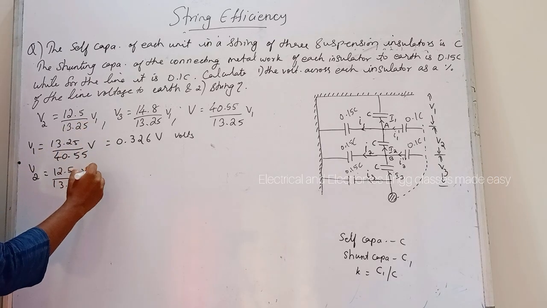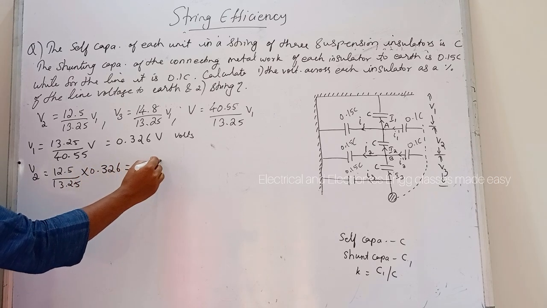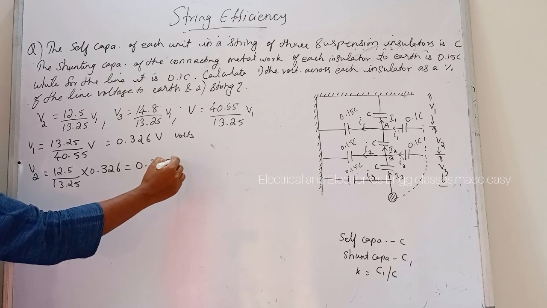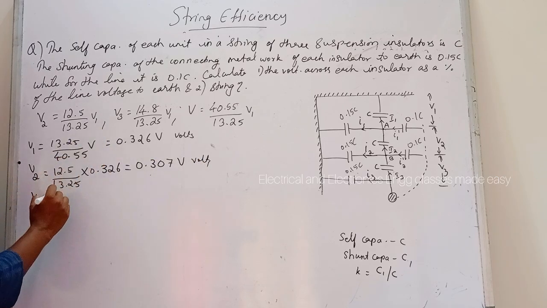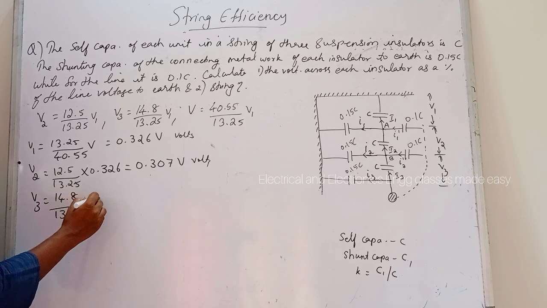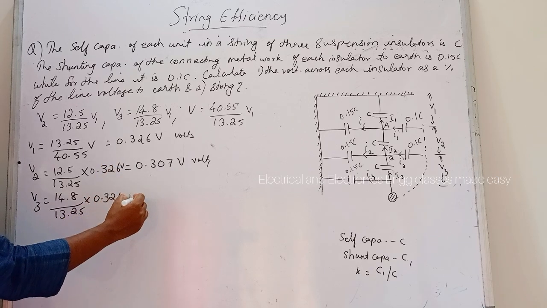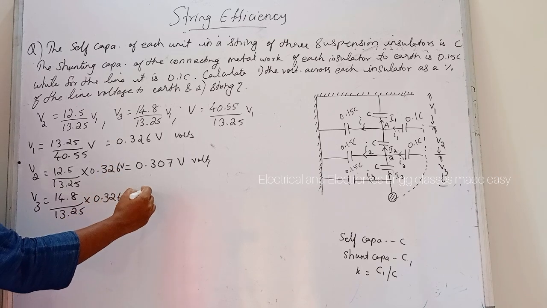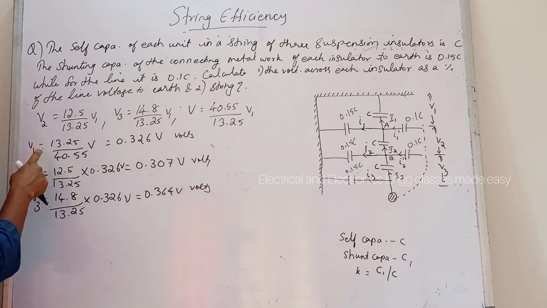So V1 is 0.326 and we will get 0.307 V volts. Then what is V3? So V3 is 14.8 divided by 13.25 into V1. So here V is there and that is equal to 0.364 V volts. So these are the values of V1, V2 and V3 obtained.